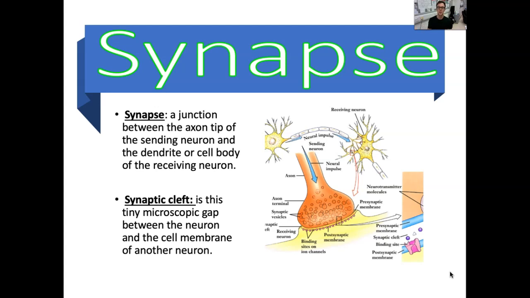So in this situation, the neuron that sends the signal across the gap is the presynaptic neuron. So if you look here, you've got your axon, you've got your terminal bulb here, and then here is your synaptic cleft, okay? This little tiny gap between these two, and here you have your presynaptic membrane and your postsynaptic membrane, right? The one that would be receiving.